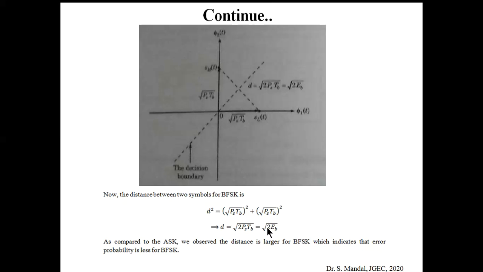But here in case of BFSK, the corresponding distance is root 2 into root over Eb. So obviously, the distance is larger for BFSK compared to ASK. So obviously, BFSK is more noise immune compared to the ASK.